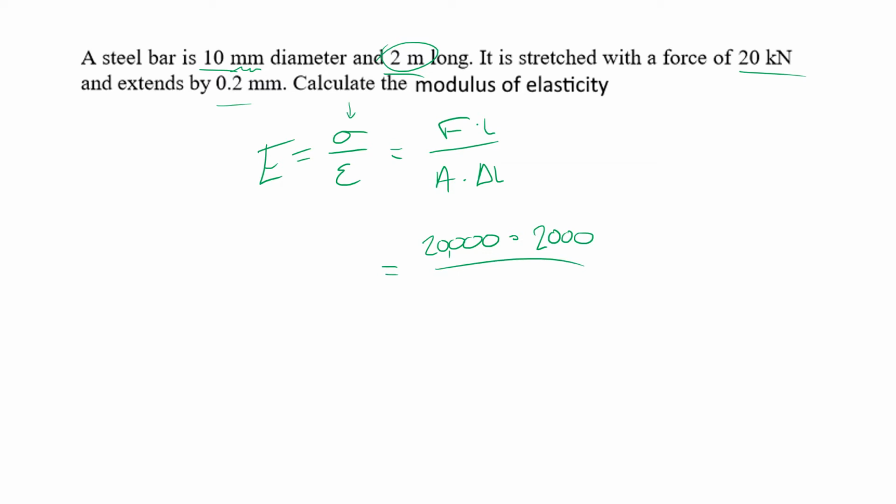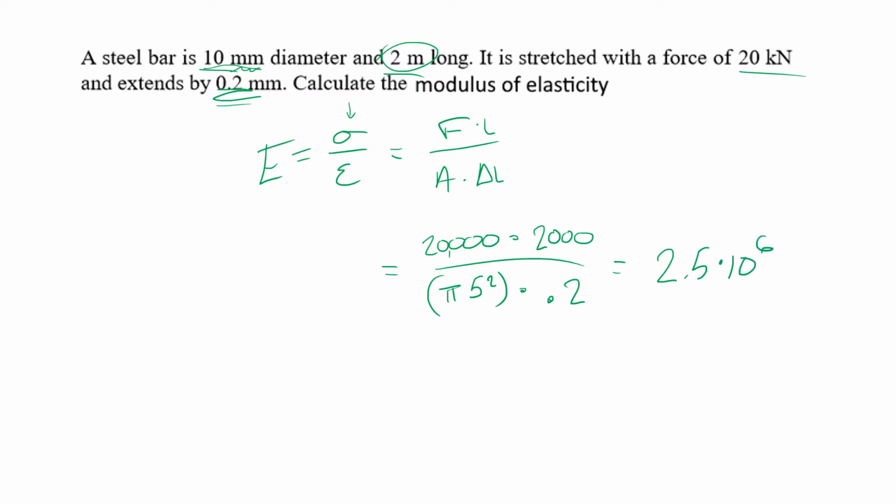We're going to divide by the area. It doesn't tell us the area, but it tells us the diameter, so we got to plug it into our formula here. 5 squared times delta L, how much it extends by, so 0.2. So we're going to type all this in, and we are going to get 2.5 times 10 to the 6.